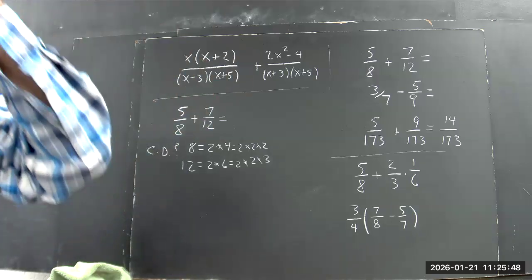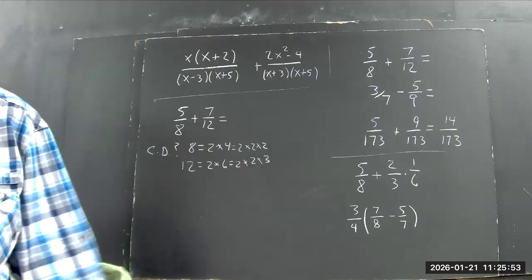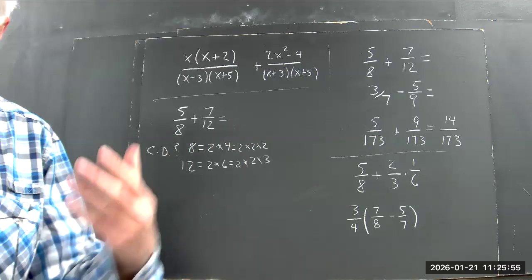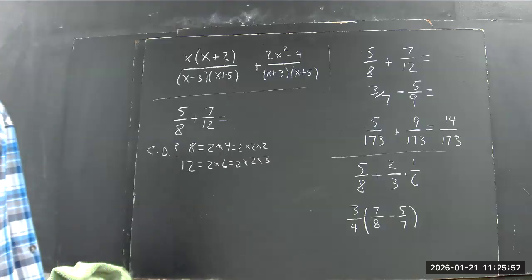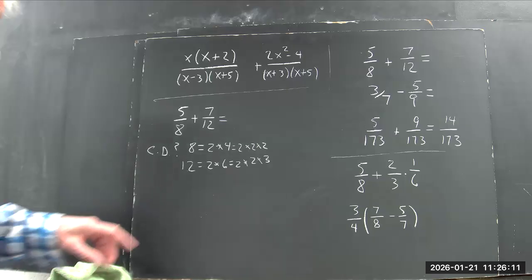Now, if you get a number like 731, I can figure it out in my head because the biggest number you'd have to divide by to get that is probably about 20. And you wouldn't have to divide by 29, 23 probably.